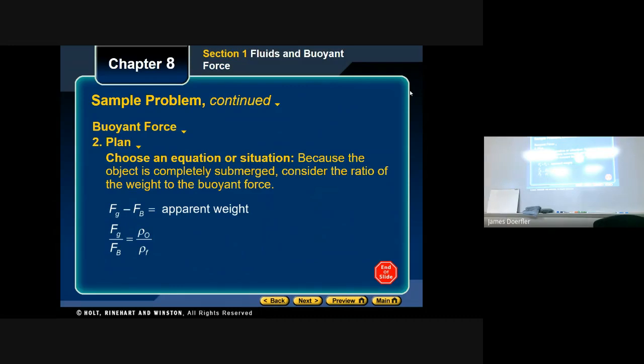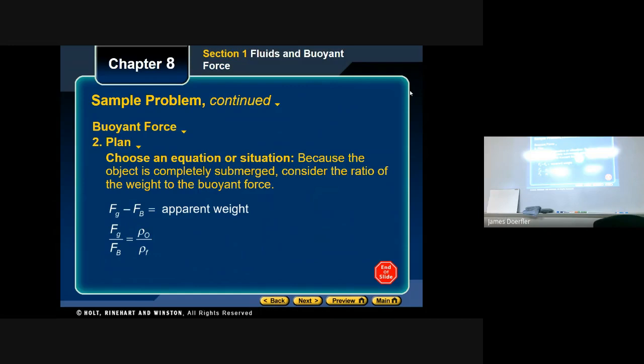Well, the other equation that we can use to help us find our buoyant force is right here: the equation for apparent weight. If we know the weight of the crown, and we are given the apparent weight in water, we can simply rearrange this to solve for buoyant force, can't we?